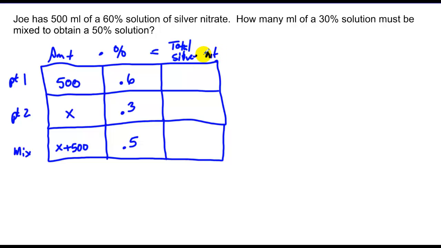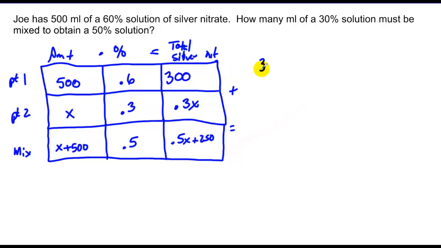So multiplying these two across, multiply 500 by 0.6, gets me 300. Multiply 0.3 by x, get 0.3x, and then I have 0.5x plus 250. These two, once again, are going to add up to equal a total.